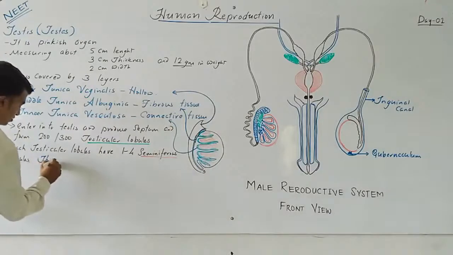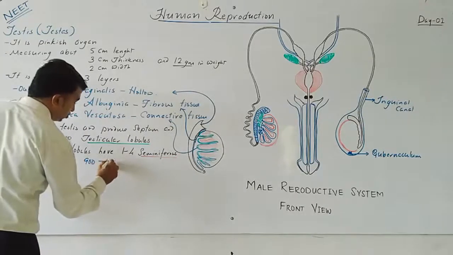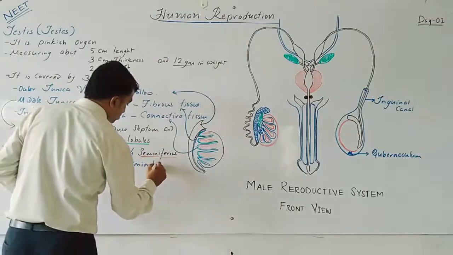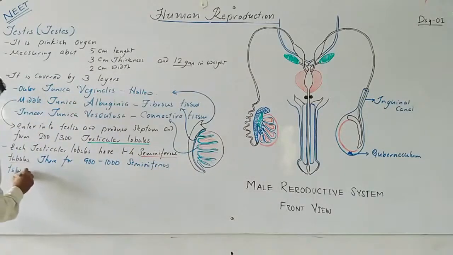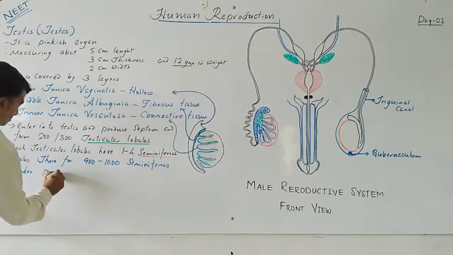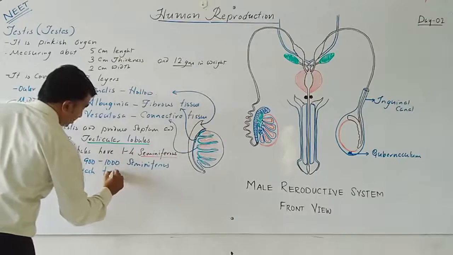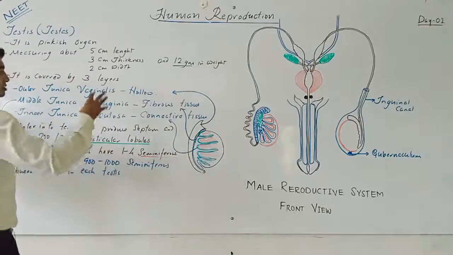Therefore, almost 900 to 1000 seminiferous tubules are present in each testis. So gradually, this is the testis.